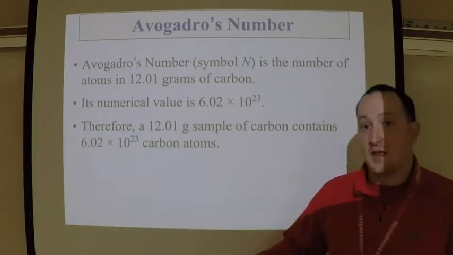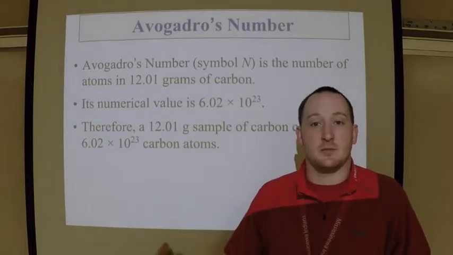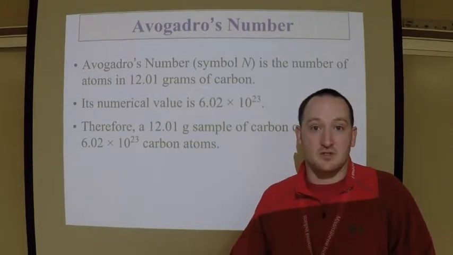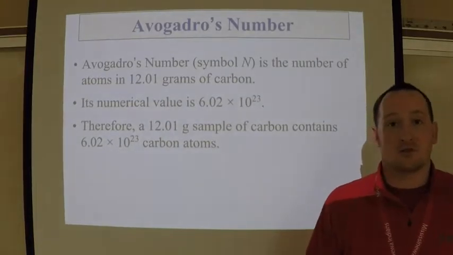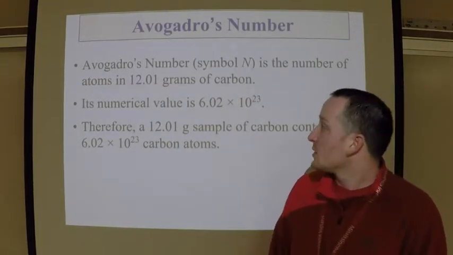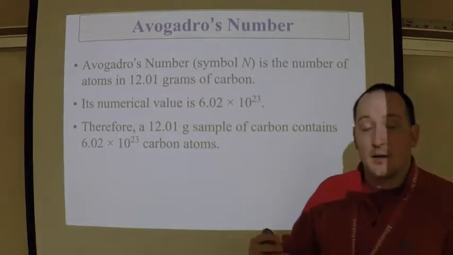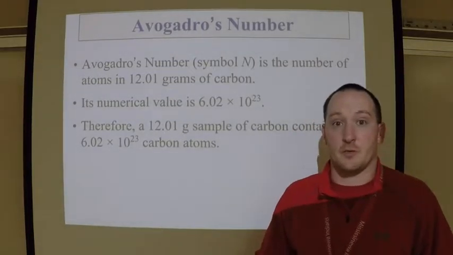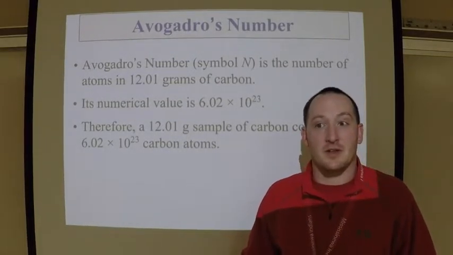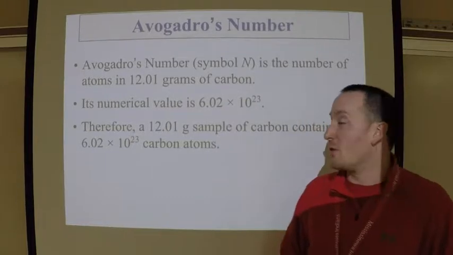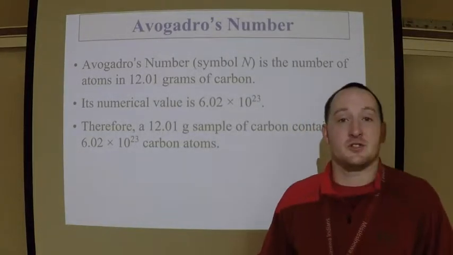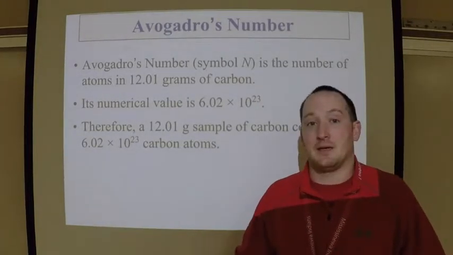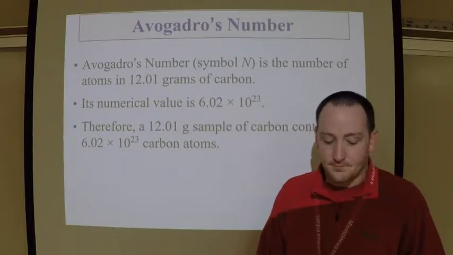In other words, there are 6.02 times 10 to the 23rd atoms in 12.01 grams of carbon. So that means that there's a ton of particles. I mean, 6.02 times 10 to the 23rd is a lot. We're going to be learning about just how big that number is in a little bit.